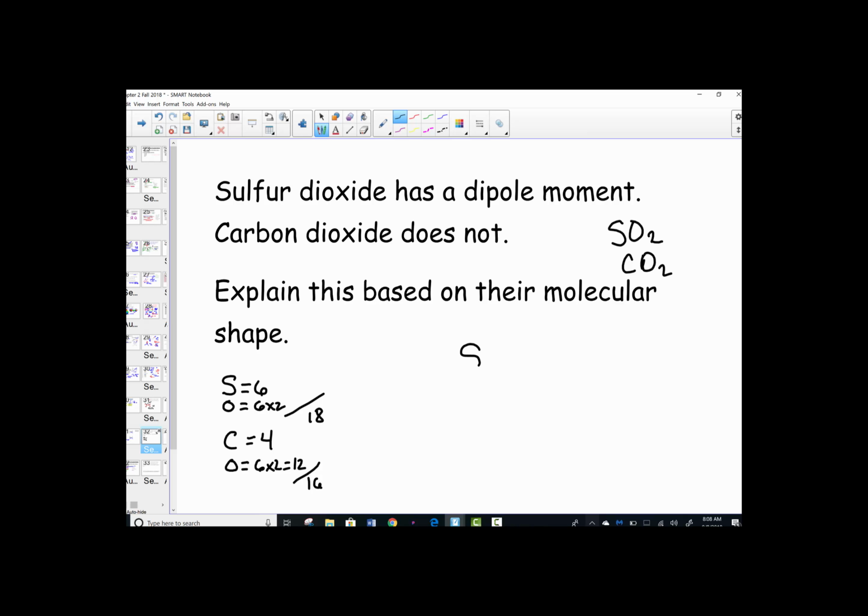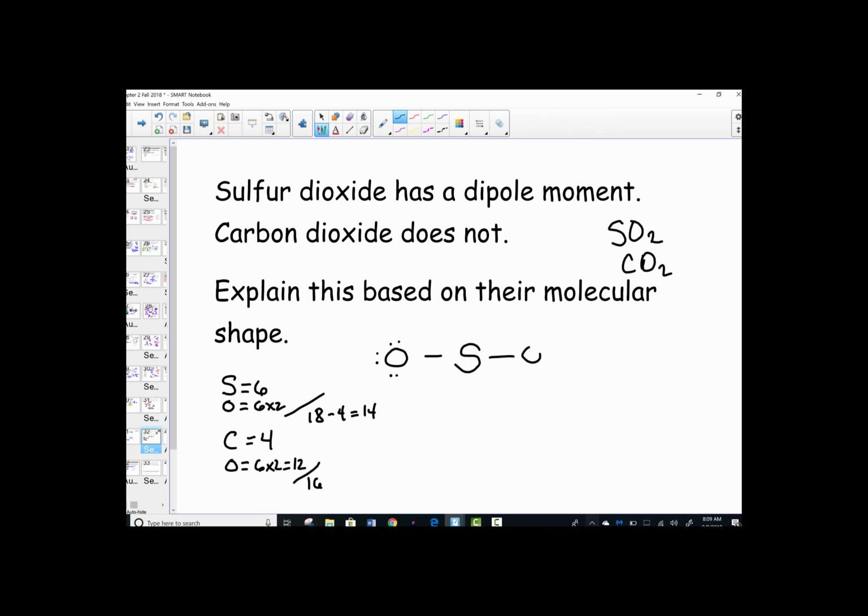So let's take a peek. Put the least electronegative atom in the center, attach back the other atoms to the central atom, keep tally, and fill the octet of everybody but the central atom. One, two, three, four, five, six.